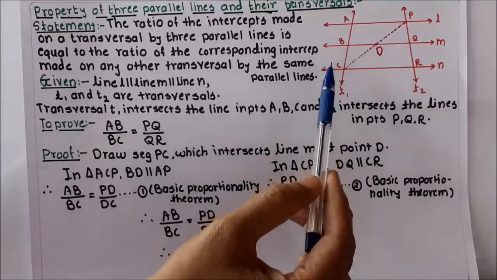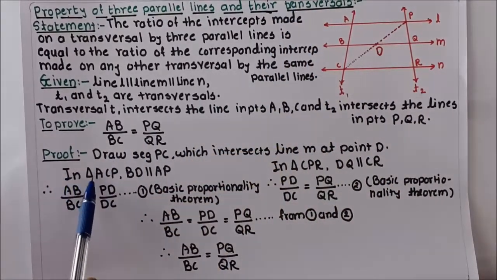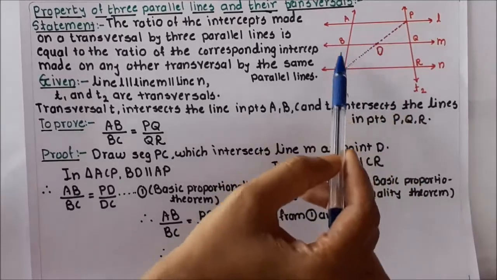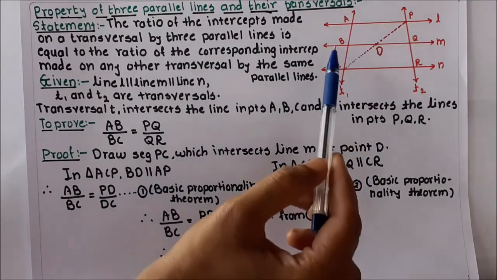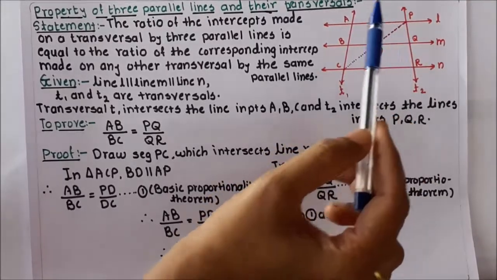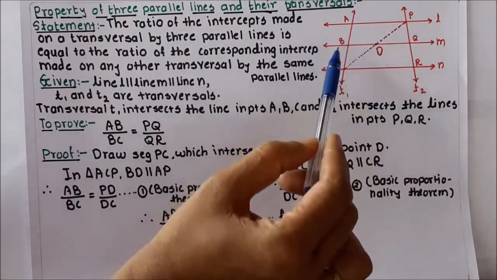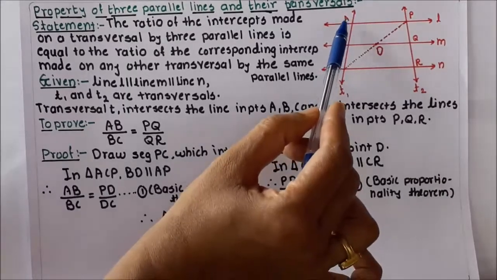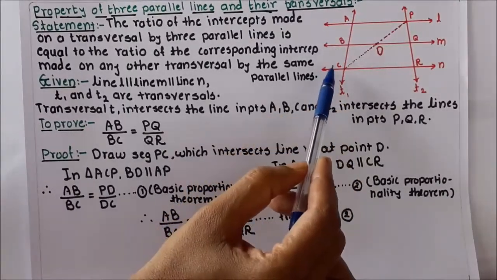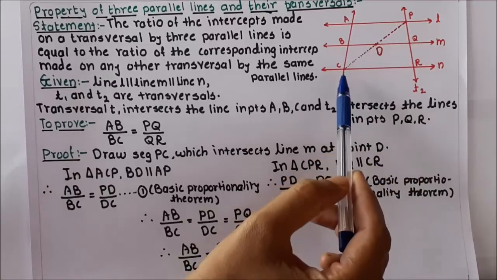So at first we will consider the first triangle. In triangle ACP, it is already given that BD is parallel to AP. Because of this we can apply the basic proportionality theorem here, because of which AB upon BC is equal to PD upon DC.